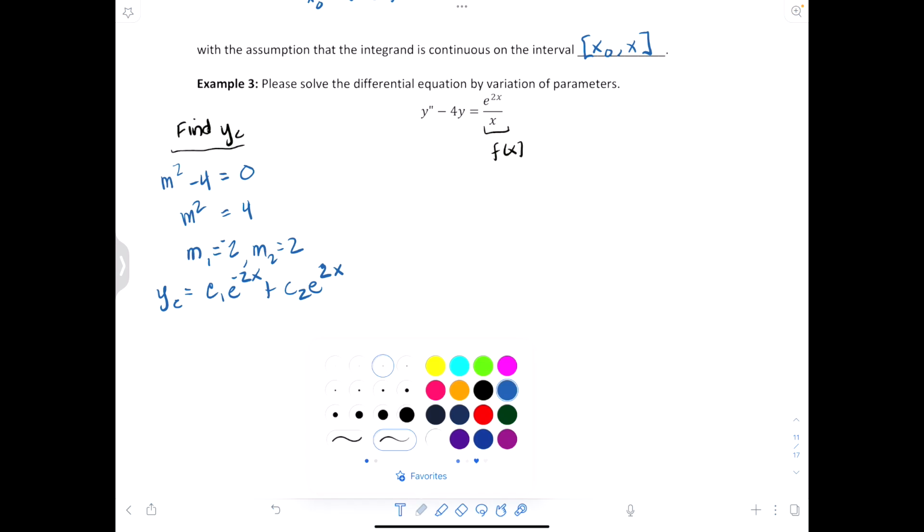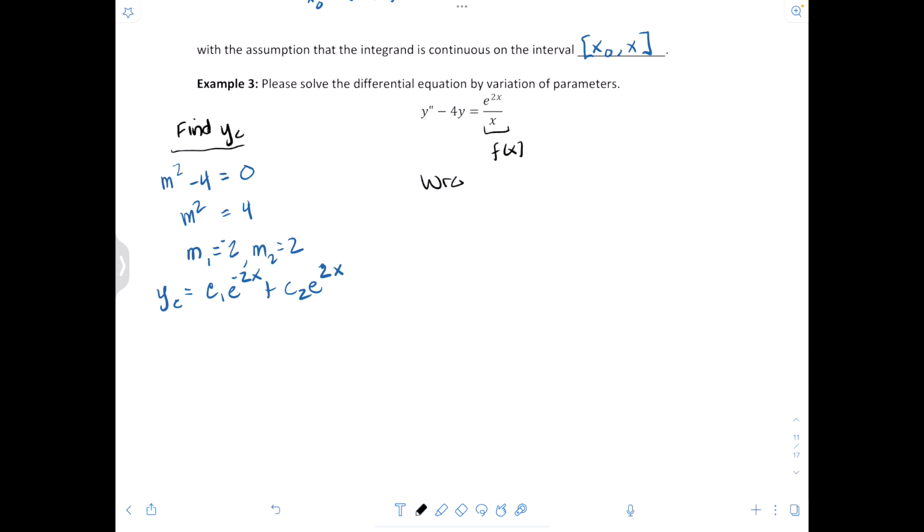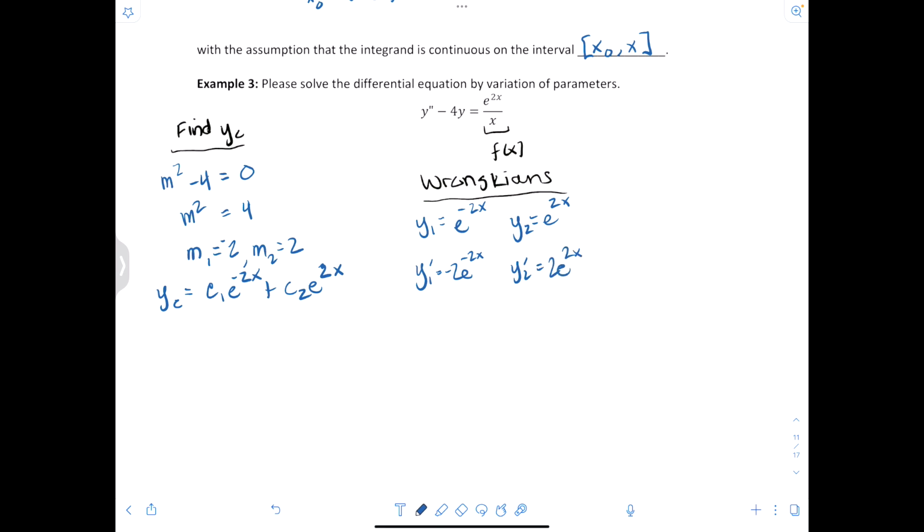And now our Wronskians. So we have y1 equal to e to the negative 2x, y2 equal to e to the 2x. So y1 prime will be negative 2e to the negative 2x. y2 prime is 2e to the 2x.